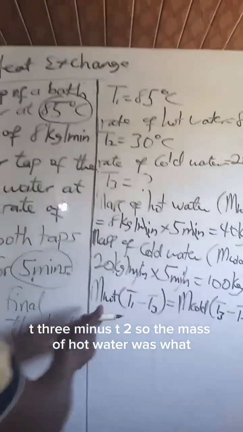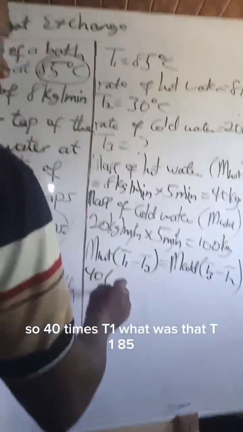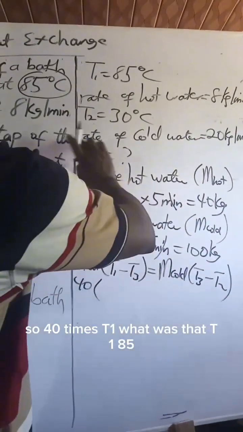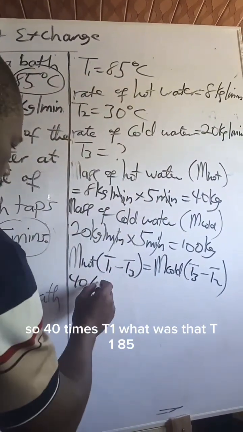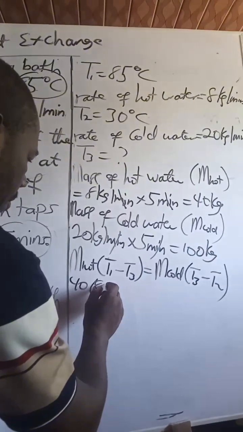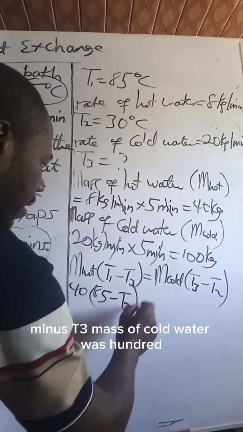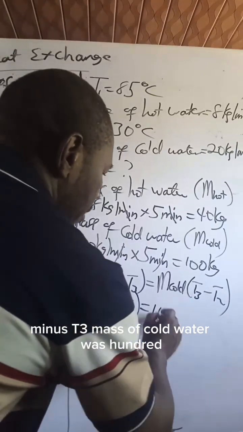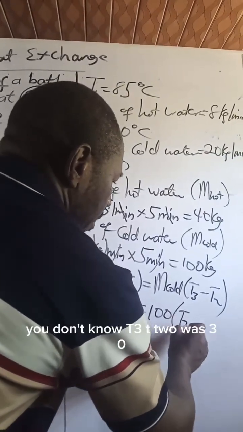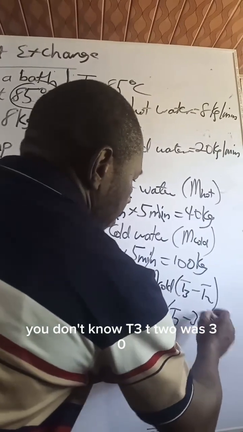The mass of hot water was 40, so 40 times T1. What was T1? 85. Minus T3. Mass of cold water was 100. We don't know T3. T2 was 30.